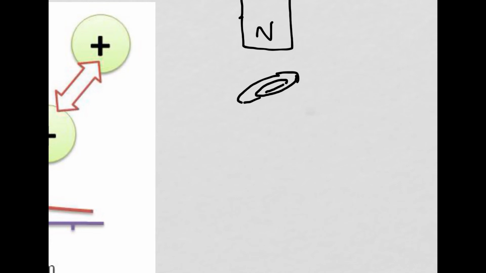When I let go, if I hold it sort of here, maybe it will still drop, but once I get it to about here, if I let go, instead of falling, it's going to go up and stick to the magnet.